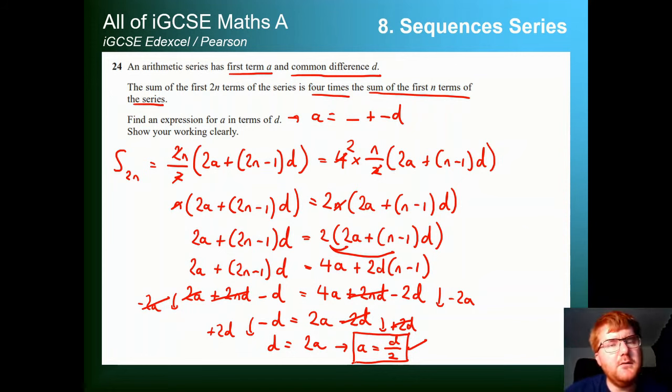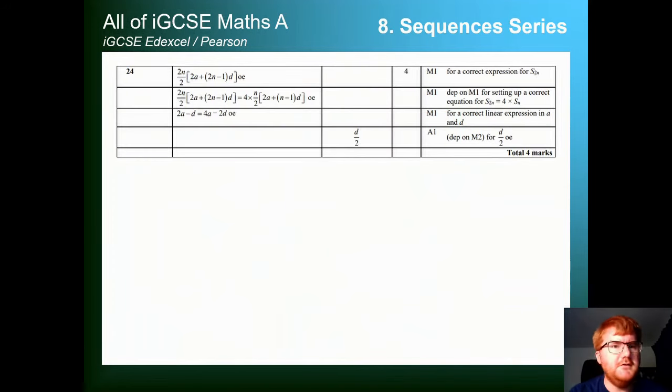The key thing with this kind of question is not to panic. Just take your time, write it out exactly as I did there, see what cancels, keep working on it, and eventually you will get to the right answer. But you have to have faith in these kind of questions to make sure you are getting there. So you can see the mark scheme here, and you can see that we get to d over 2 at the end there.